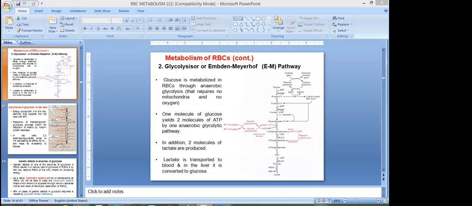So even Betty has asked the question in the exam: where do you expect the concentration of 2,3-BPG to increase? Is it when the red blood cells are near the lungs or near the periphery? The answer is near the periphery, because it's supposed to let go of oxygen there. When it's near the lungs, you don't want it to have 2,3-BPG. You want it to take oxygen and take it well.